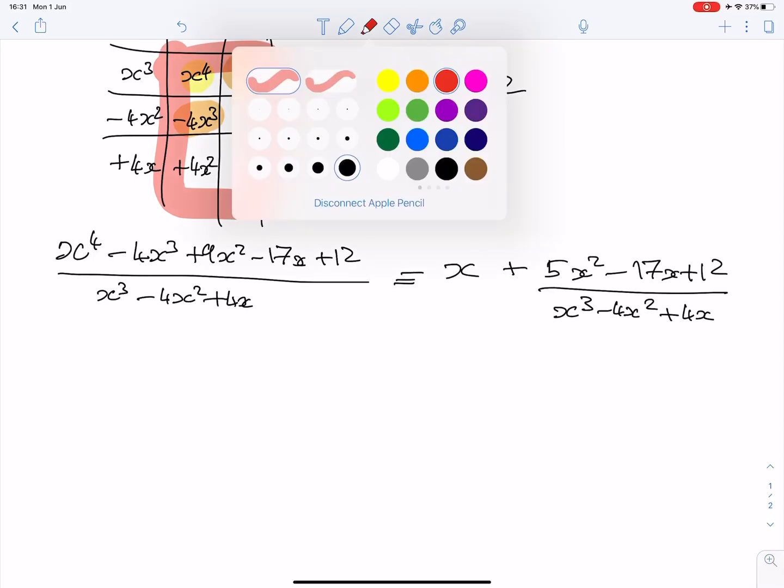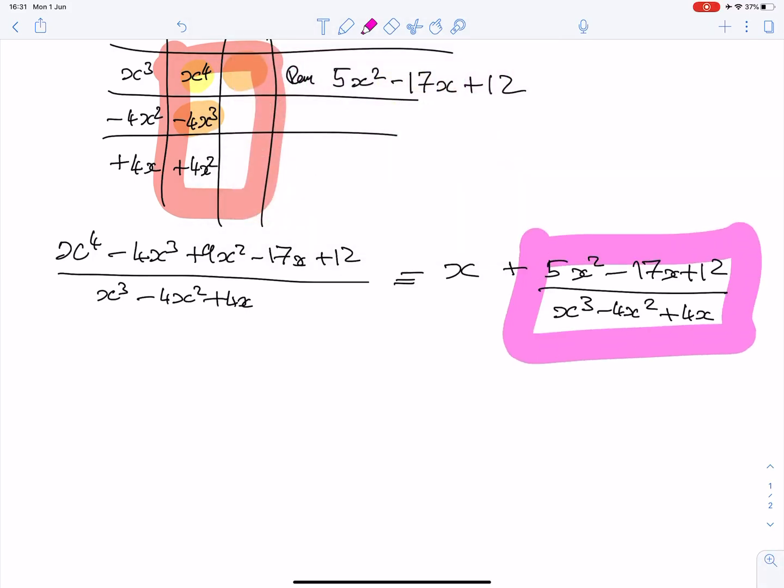So this section here still needs to be written as partial fractions.